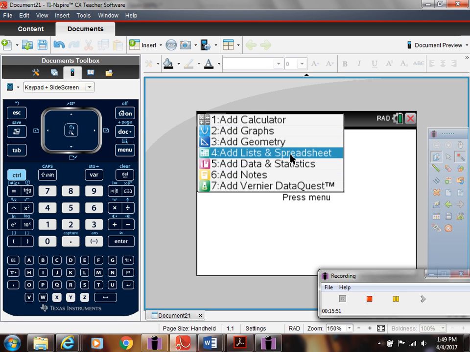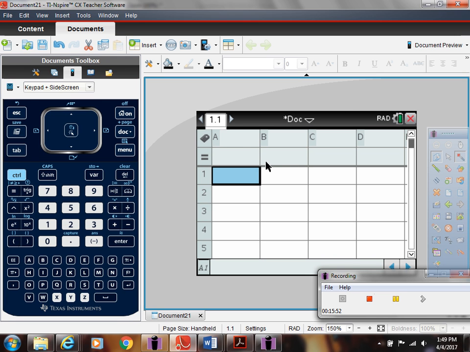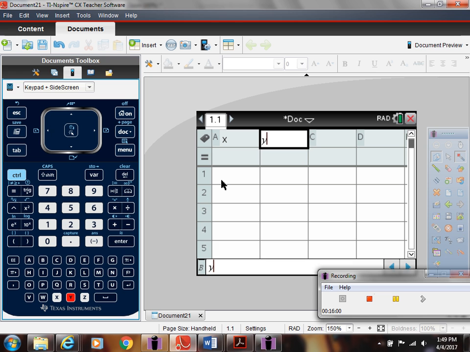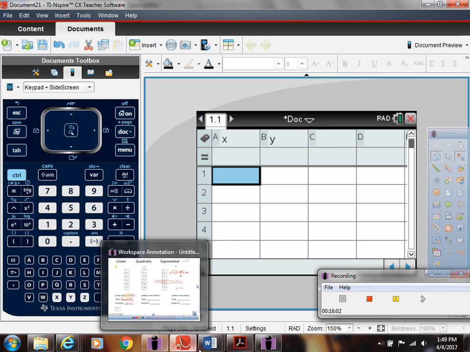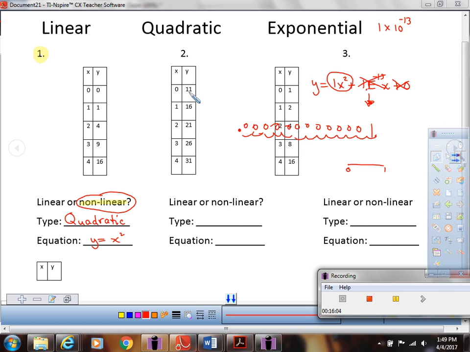Please do this with me, because right now you're training your brain. And the only way you can train it to remember is to do it over and over again. So input the data. We're doing number 2. This one right here.